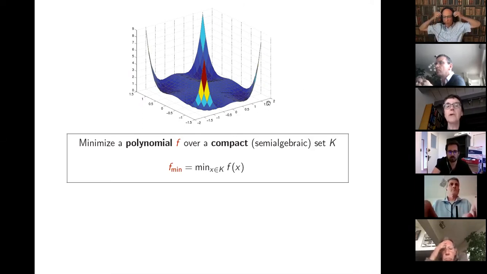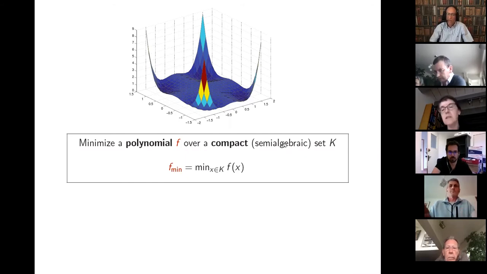So what is polynomial optimization? We have a polynomial f, which we want to minimize, in this talk, over a set K, the feasibility region, which we will assume to be compact, and in most cases, but sometimes we may not need to assume it, semi-algebraic, which simply means that K is defined as a solution set of a system of polynomial inequalities.